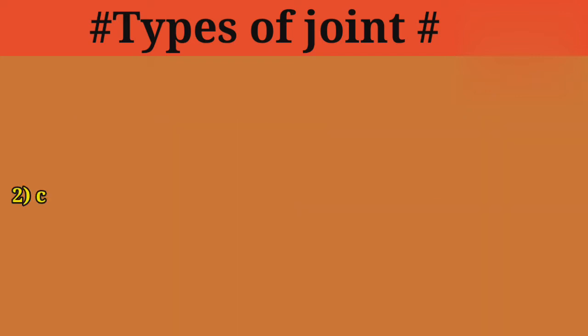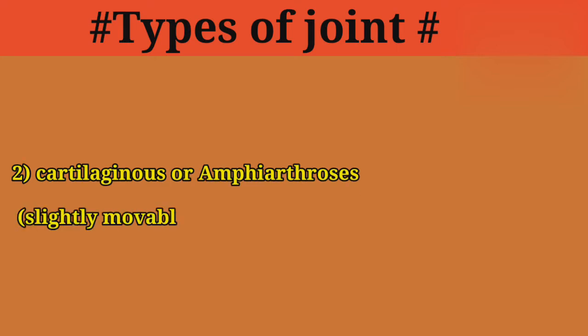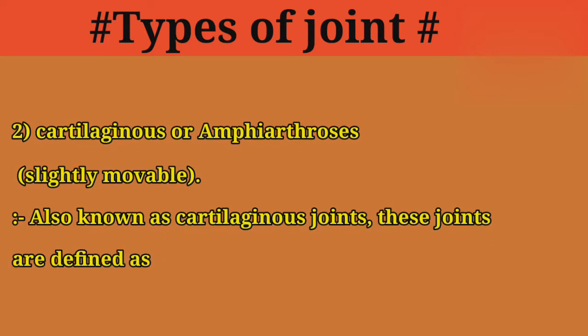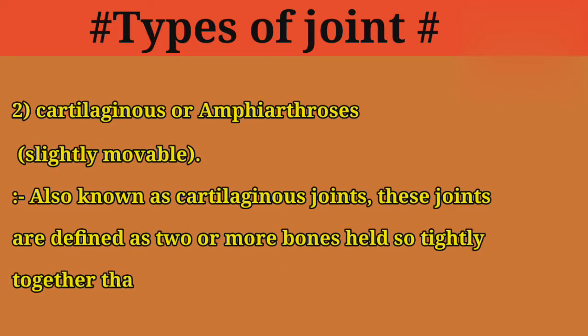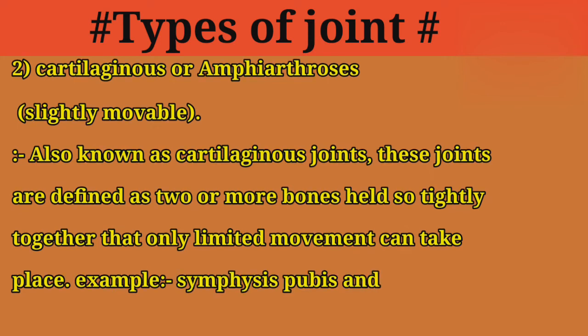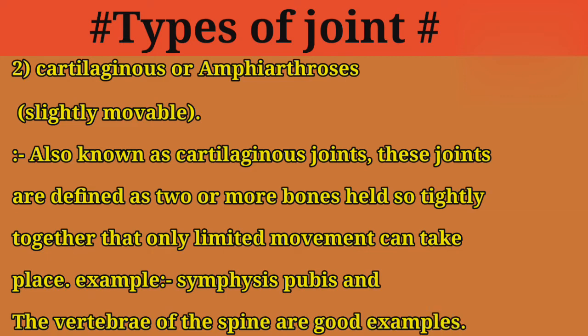Another type is the cartilaginous joint. What are cartilaginous joints? These joints are defined as two or more bones held so tightly together that only limited movement can take place.